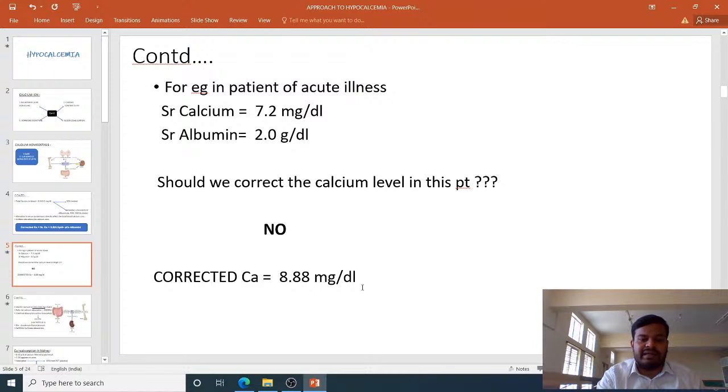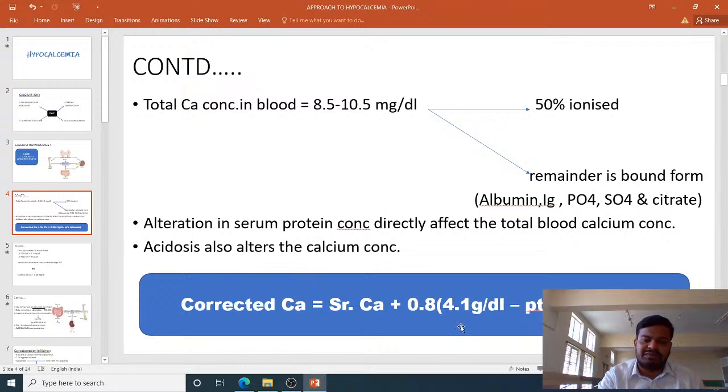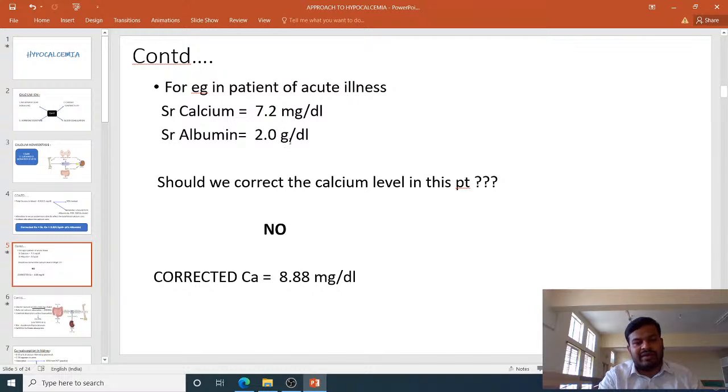So going back to the formula, we should apply this formula, put in the patient's albumin and the current serum calcium of the patient, and so we obtain this value in this patient. You should be remembering this.